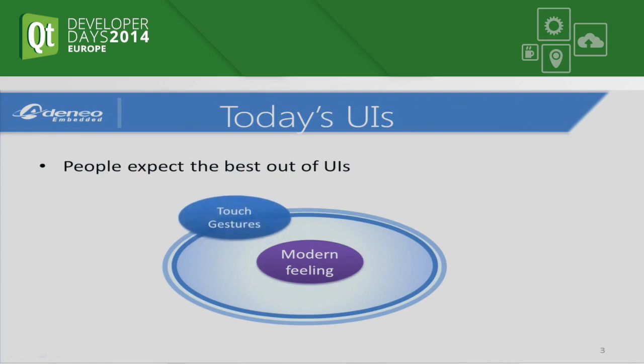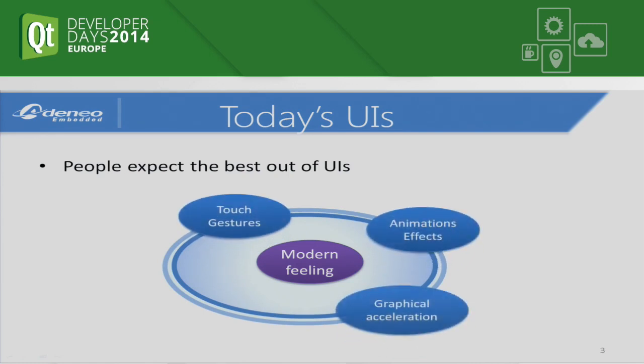So we have this modern feeling, and around that, I would say there is this kind of elements. So you have one first, which is the touch and gestures, which is really easy to handle in QtQuick. So that's one great thing. All the animations and effects. So in all your smartphones, this is not something blinking from page to page.